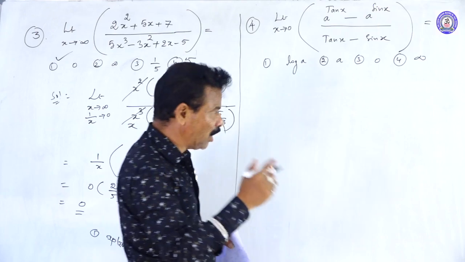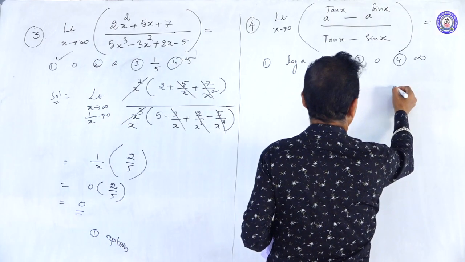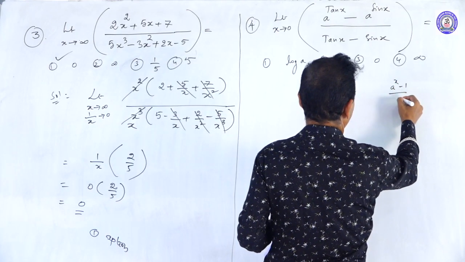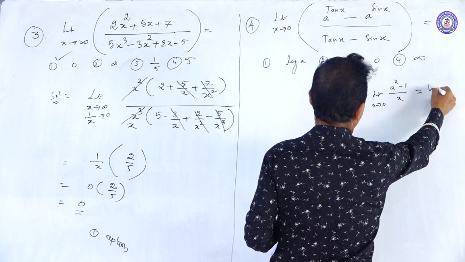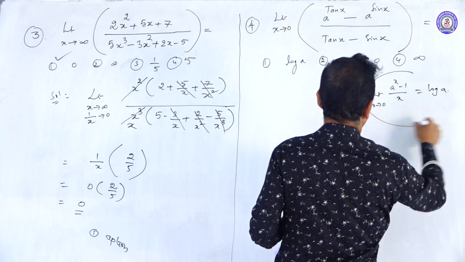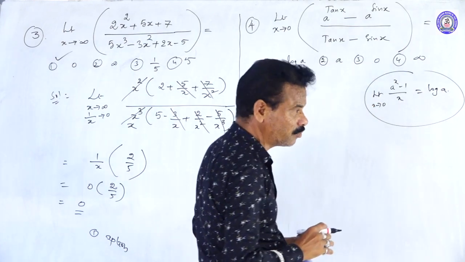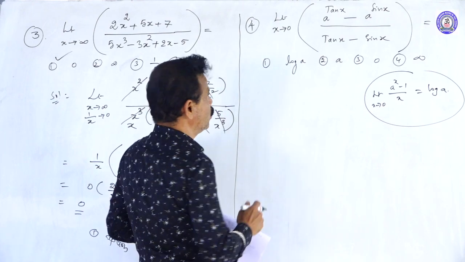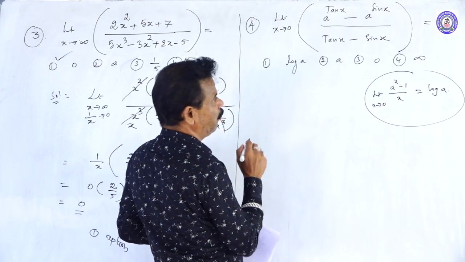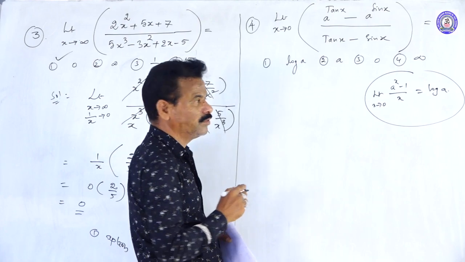That's why we convert using the formula: limit x tends to 0 of a power x minus 1 by x equals log a. Here a is a, and the power x is tan x.